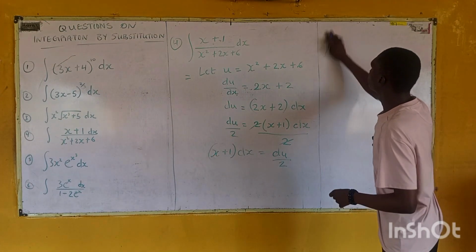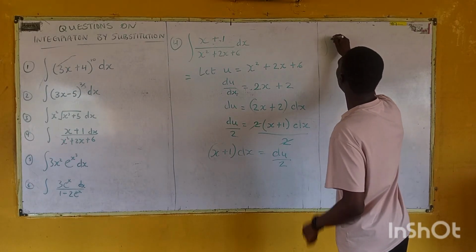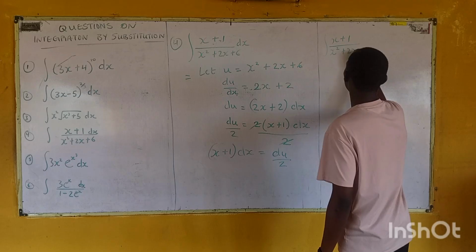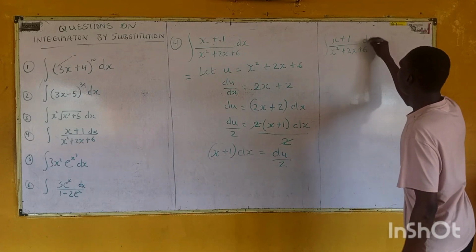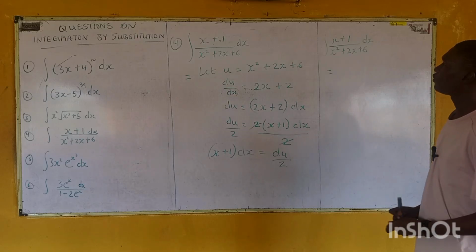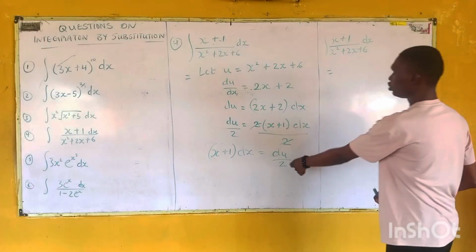So we can move on and say that the integral of x plus 1 over x squared plus 2x plus 6 dx is equal to, our x plus 1 is now in the form of du over 2.